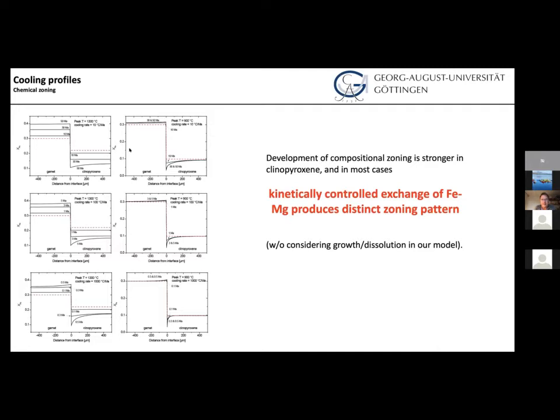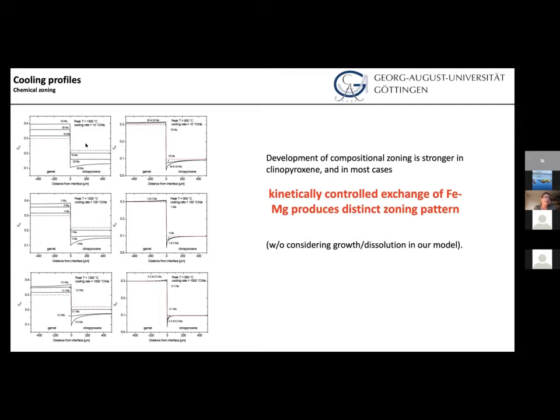The other thing that you can see is that in almost all cases, at least if you go from high temperatures, even the composition in the core of the garnet has been changed. So both core compositions have been changed, not only the rims.